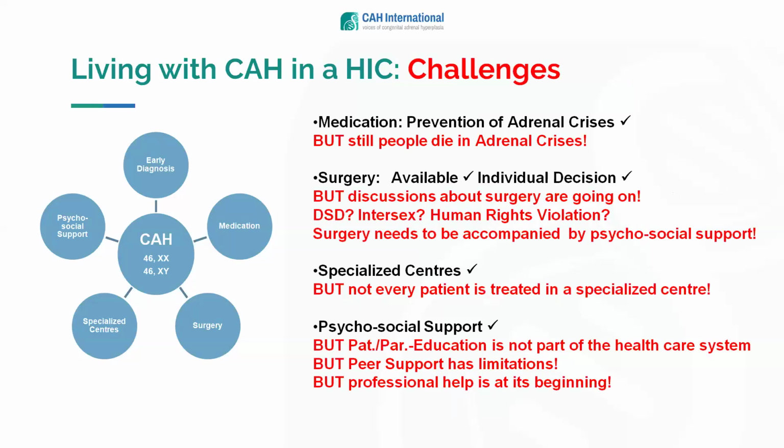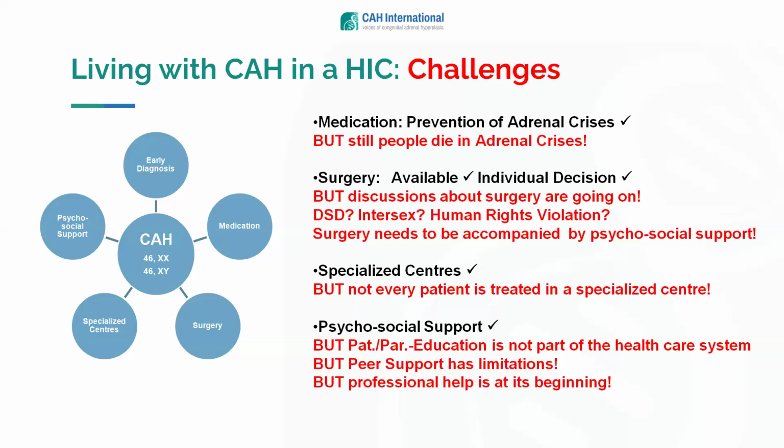We do have the medication also for prevention of adrenal crisis, but still people die in adrenal crisis in our countries. And this is such a sad thing, but still people die, not only with CAH, also with other causes of adrenal insufficiencies. They die because they are not well educated.